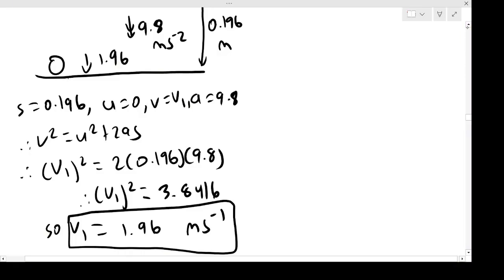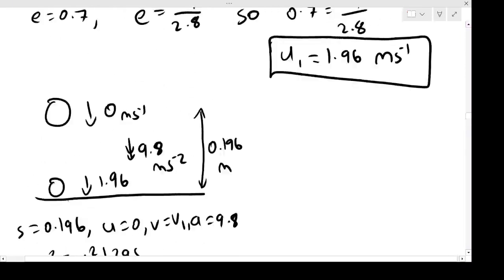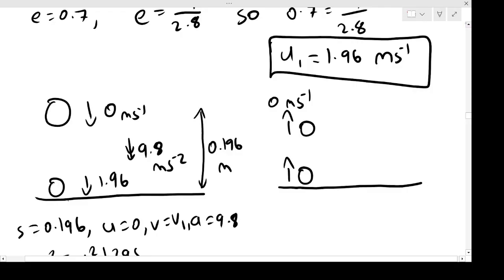But of course, it's then going to bounce back up. So now we've got this next scenario, which again is going to go up. Then it's going to end up with 0 speed again. It's going to come to rest up in the air, and then it's going to rebound with speed u2. So this is my initial speed after the second bounce. Again, it's then going to reach a height h2.